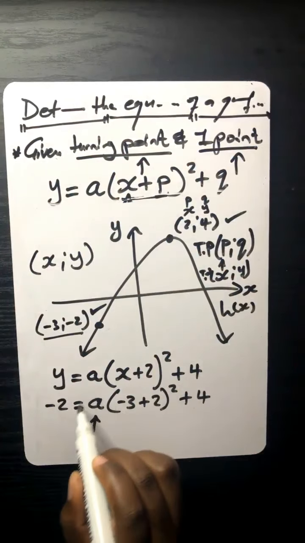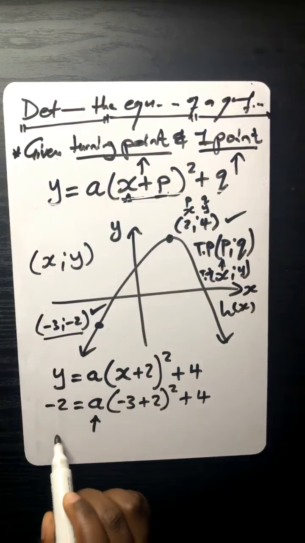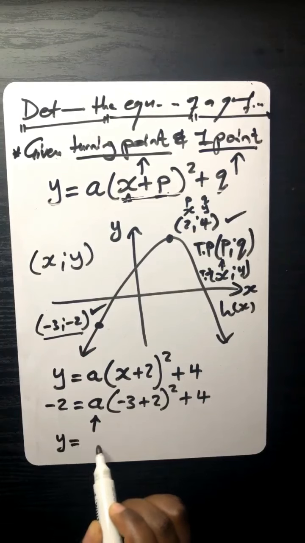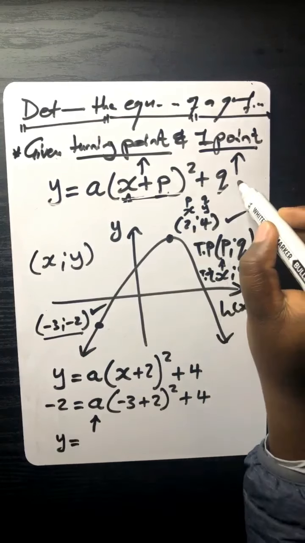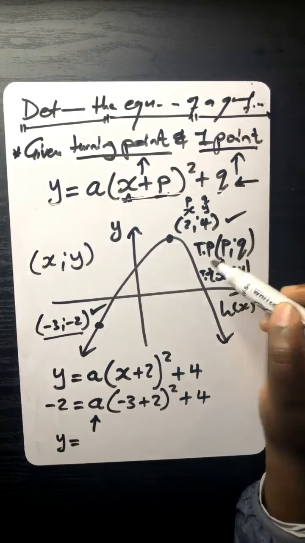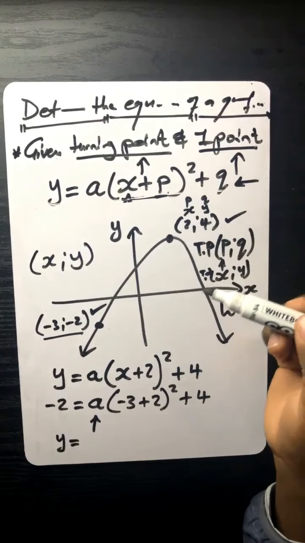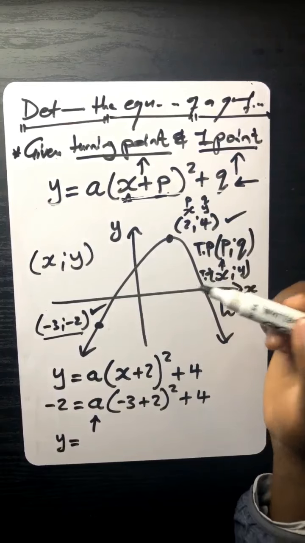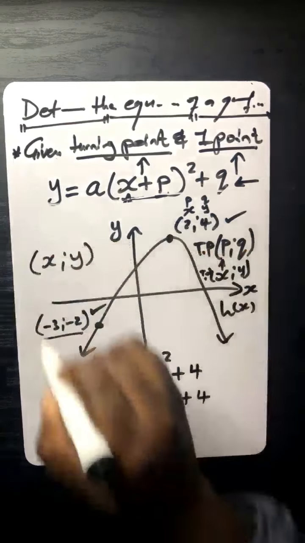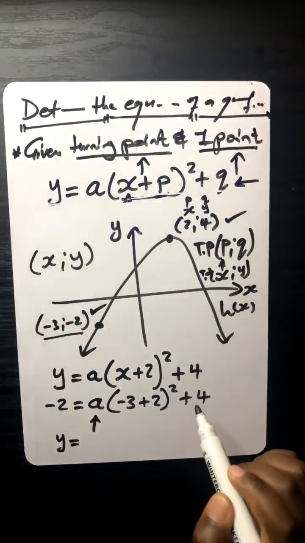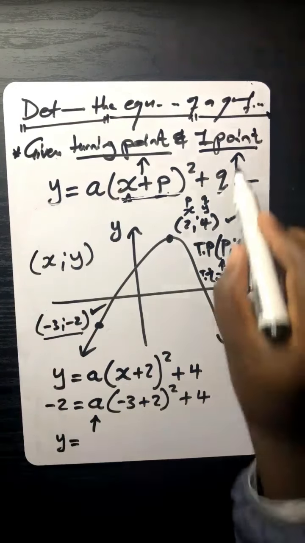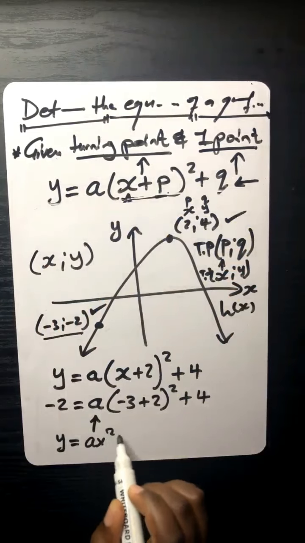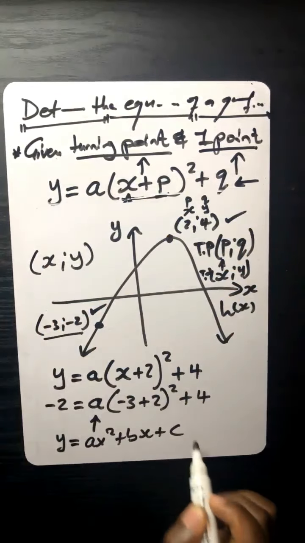After you get the value of a, that's when you can write your equation as y is equal to, in that form or whichever form that the question specifies. So the question can say, you are given this function, determine an equation and represent it in that form, or in the form of ax squared plus bx plus c.